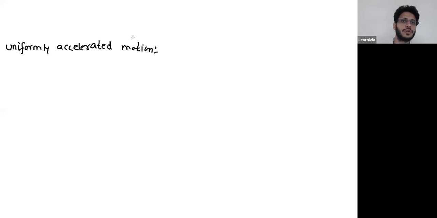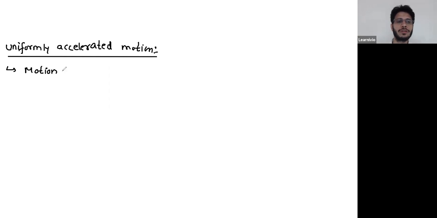Okay, let's start with uniformly accelerated motion. Uniformly accelerated motion means motion with a uniform acceleration.